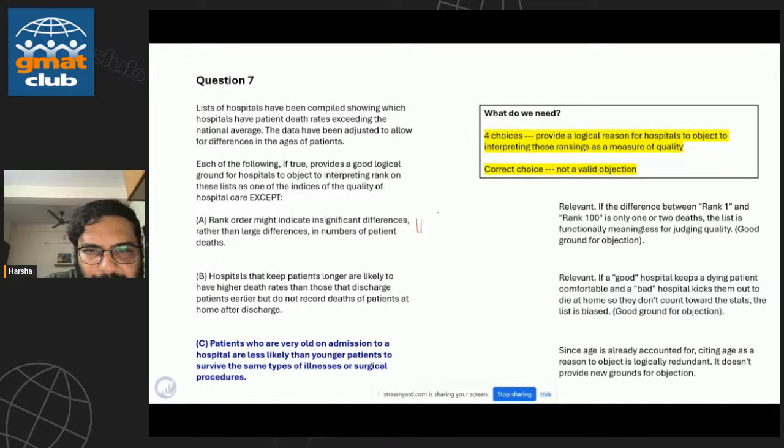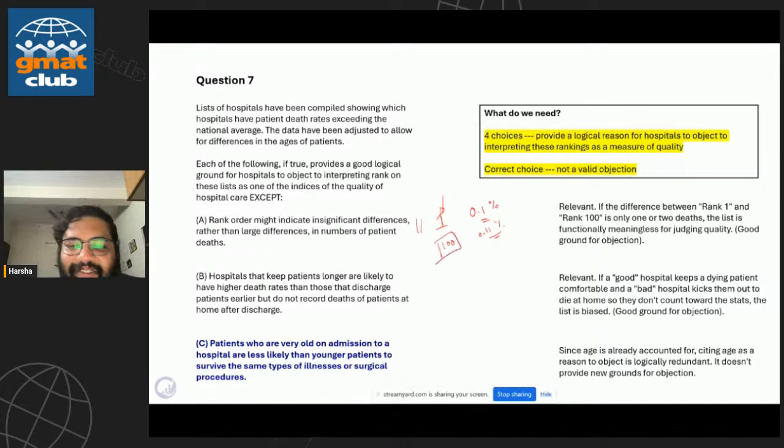For example, if rank 1 has 0.1 percent mortality, and rank 100 has 0.11 percent mortality, that may be a very insignificant difference in the context of things, but one hospital is ranked 1 and another is ranked 100.